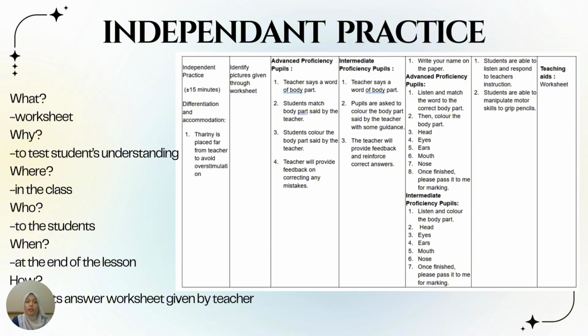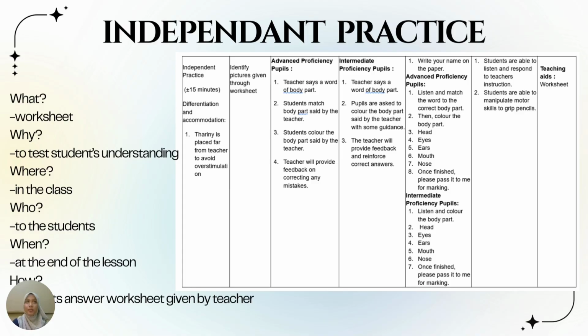So the differentiation and accommodation that I made during this stage is that Tarini is placed far from the teacher to avoid overstimulation. Again, this is because autistic students tend to be overwhelmed by loud noises, thus putting her away from the loud noise can overcome the overstimulation.